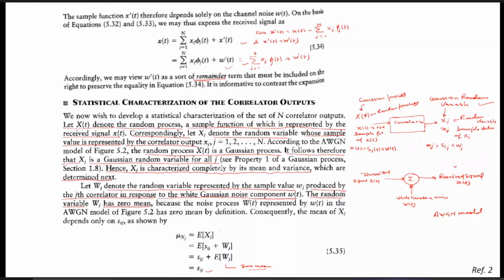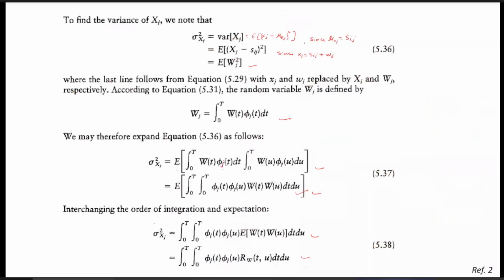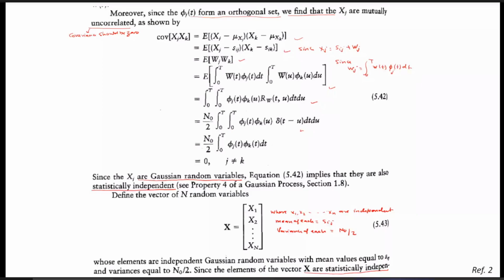How can we say that they are independent and mutually uncorrelated? We have already said that if we calculate the covariance and its value comes out to be 0, then the outputs of the correlators are mutually uncorrelated. And if they are mutually uncorrelated and Gaussian distributed, then they will definitely be independent also.